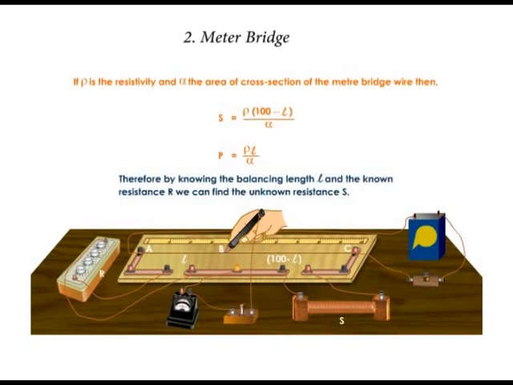Therefore, by knowing the balancing length L and the known resistance R, we can calculate the unknown resistance S.